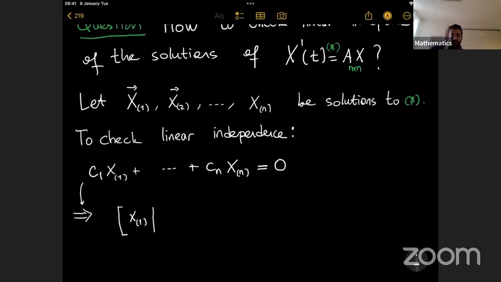You take this vector, remember this is a vector, and you put this in the first column. The second column is x2, and you go like this, up to xn. This is now an n by n matrix. So these are columns, okay?